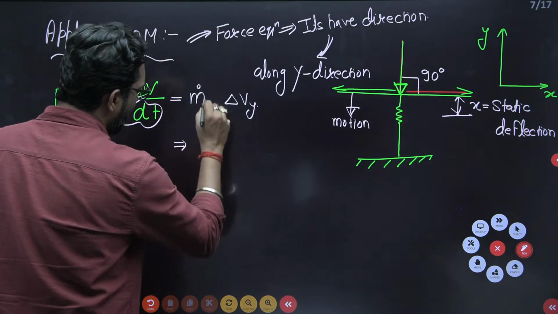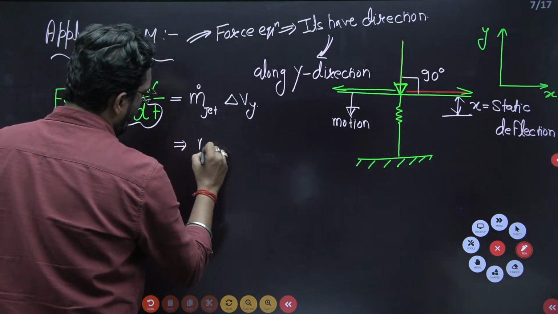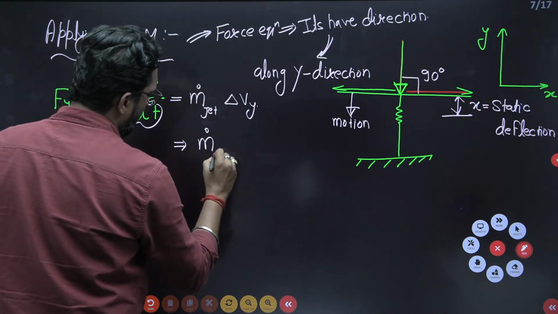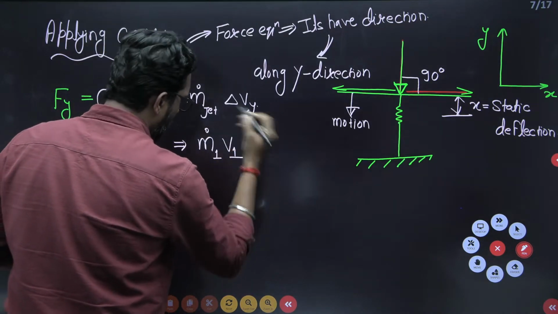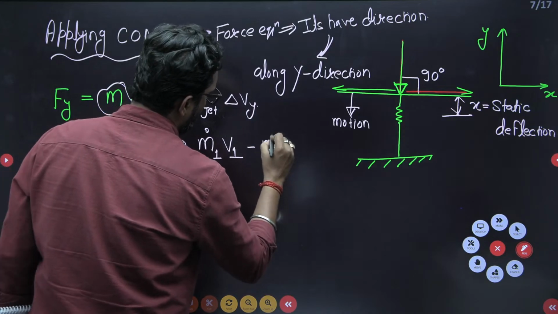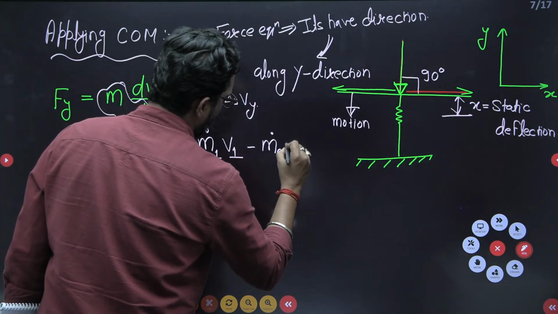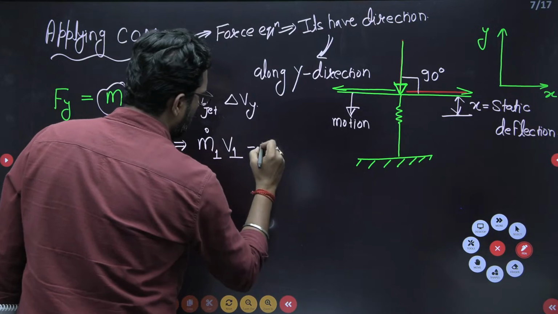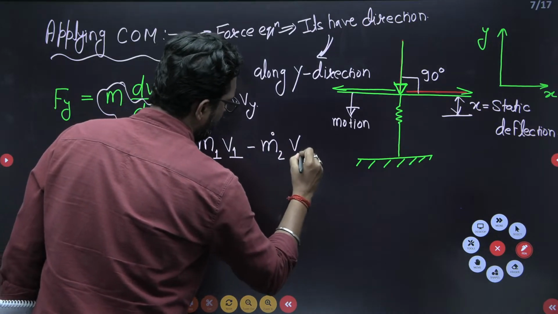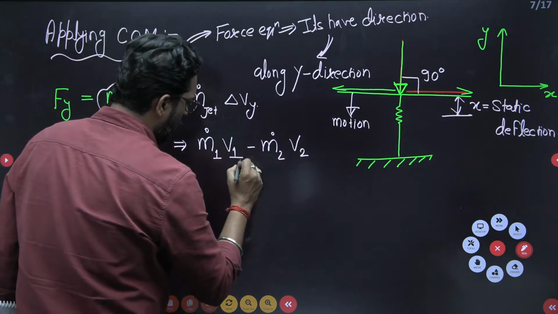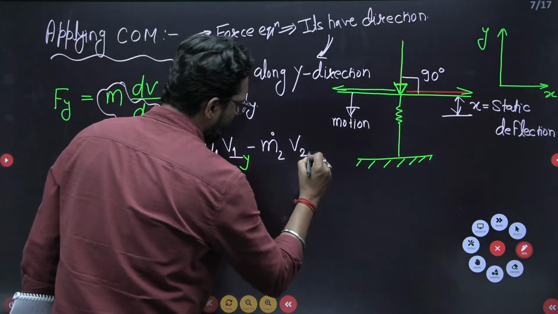So it is m1 dot times velocity at inlet minus mass flow rate at exit times velocity at exit. But mind it, this is also in y direction.